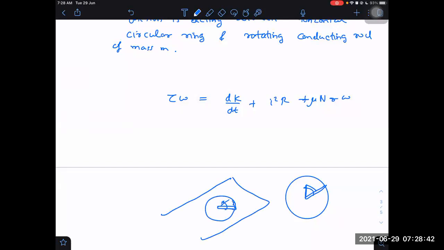But in this case, even normal will also be acting. So the friction part will also be there. That will also be there, and this kinetic energy will also be changing. So many things will be there together at the same time. So different kinds of situations can be created, right?